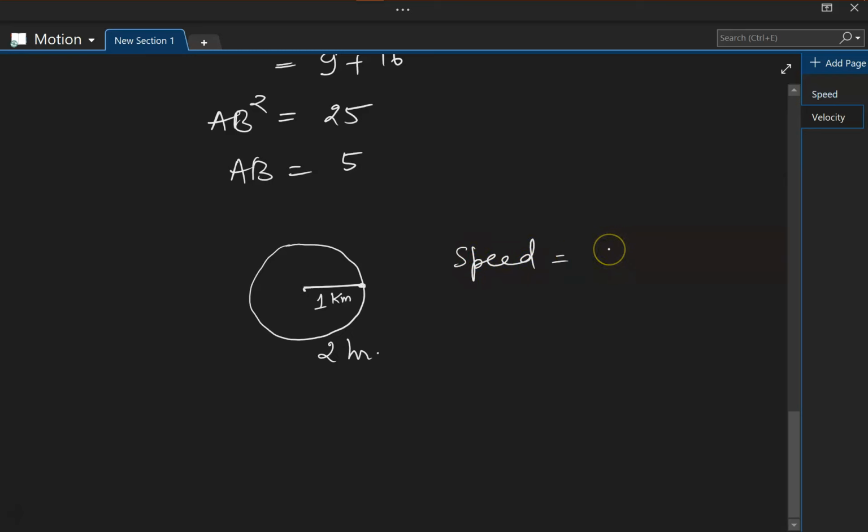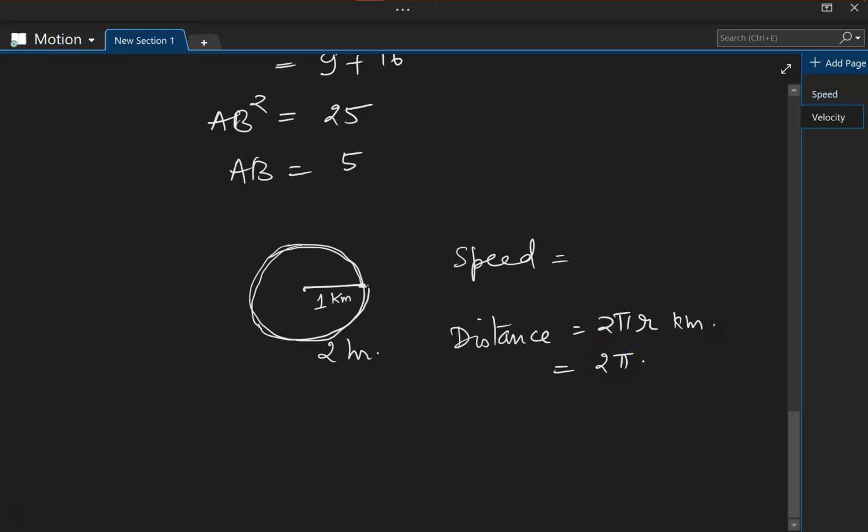distance is what? Remember, when we say distance, we are talking of covering the path. So that is a circle, which means distance is going to be 2 pi r.